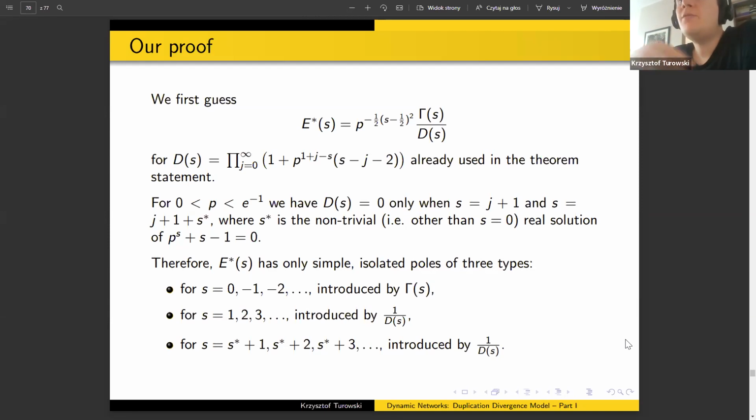Then for all positive integers, because this quotient 1 over d of s is undefined for them. And it turns out that since d of s is this large product, every such expression has two roots. One root is equal to some natural number, and one is equal to the non-trivial solution of this equation plus some natural number. Okay.